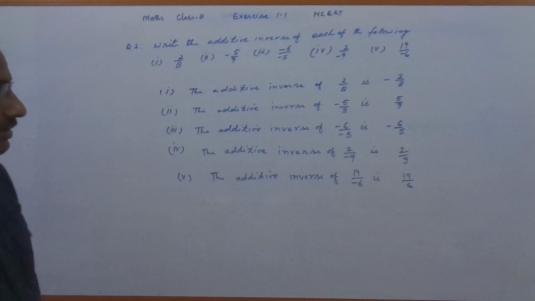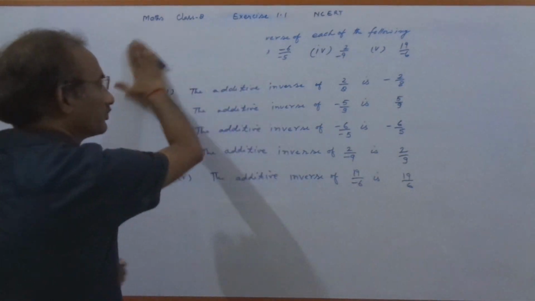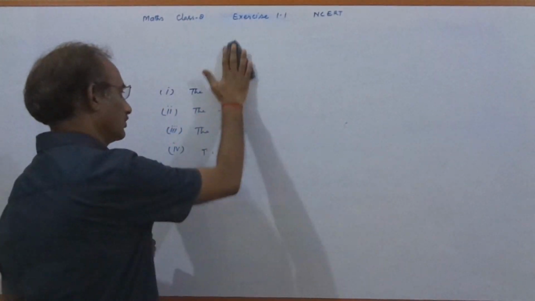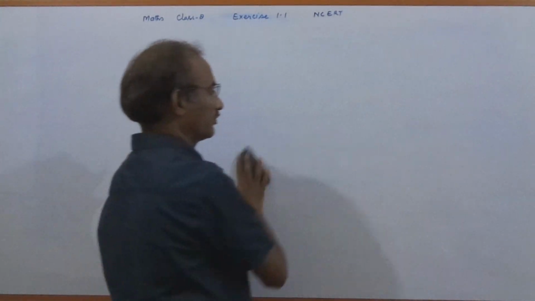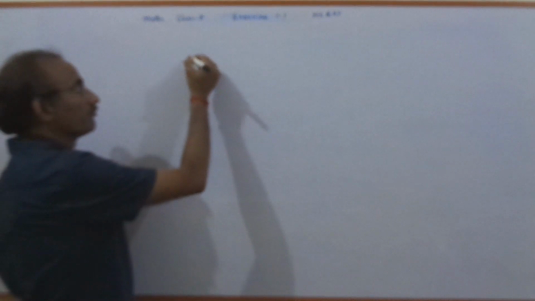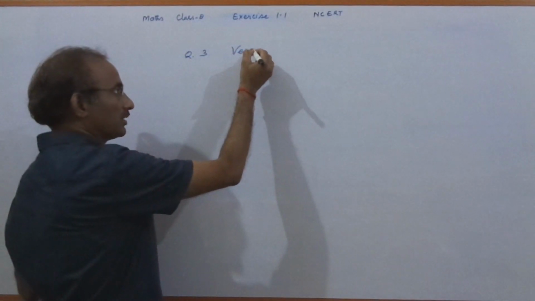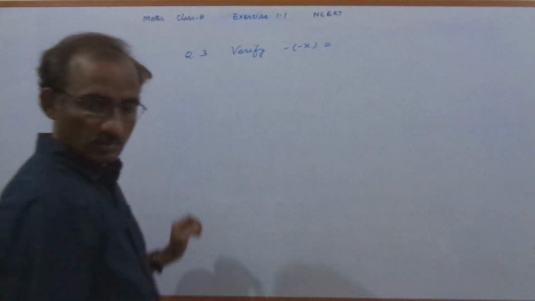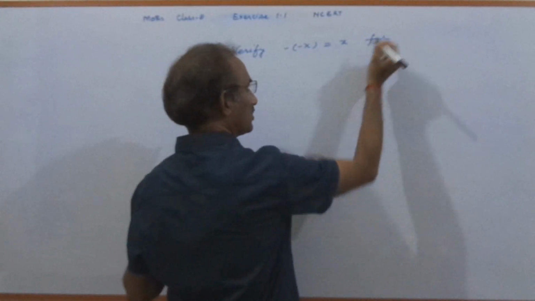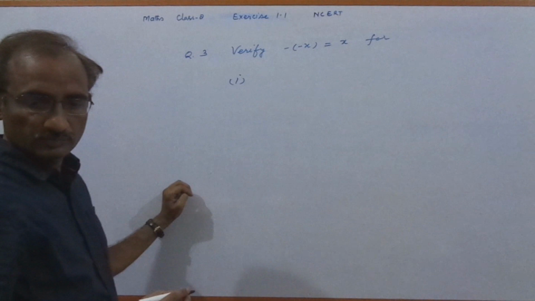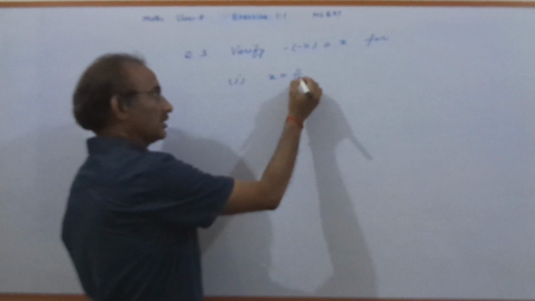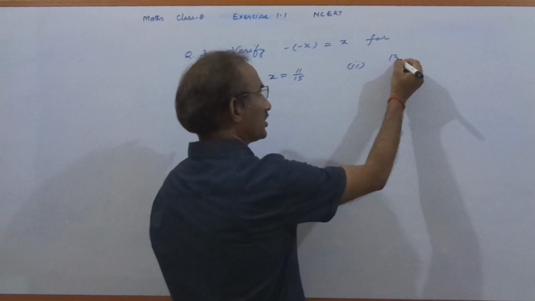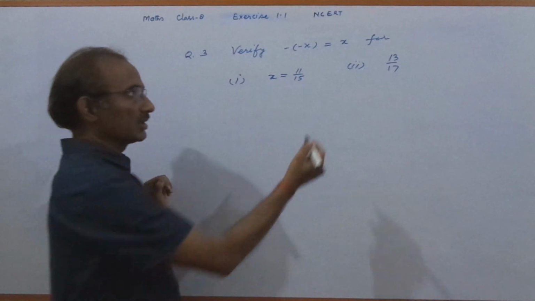Now come to the question number 3. Verify minus of minus x equal plus x for first x equal 11 upon 50 and second is minus 13 upon 70.